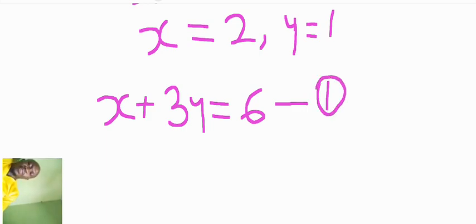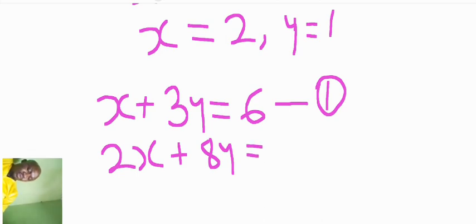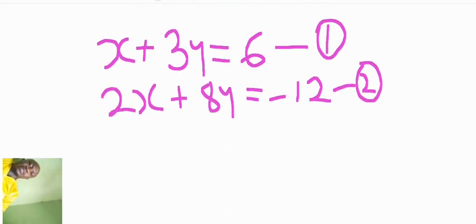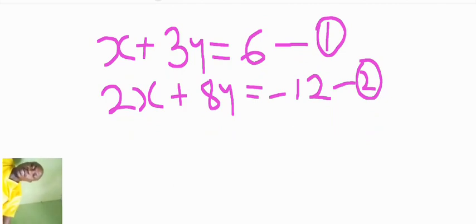And we also have 2x plus 8y, and this is equal to negative 12. This is equation 2. Please pause this video and try this work on your own before you come and have a look at the solution.